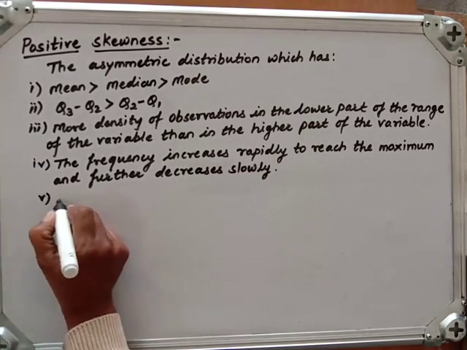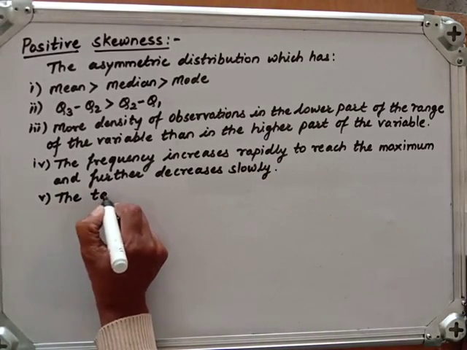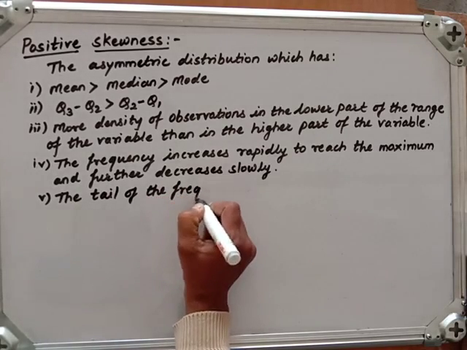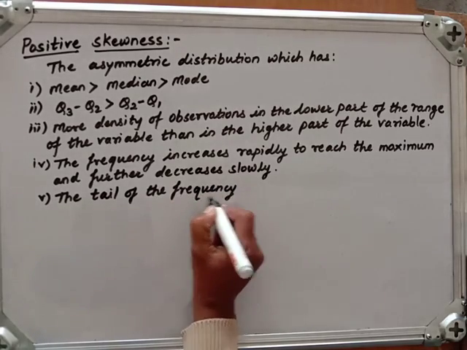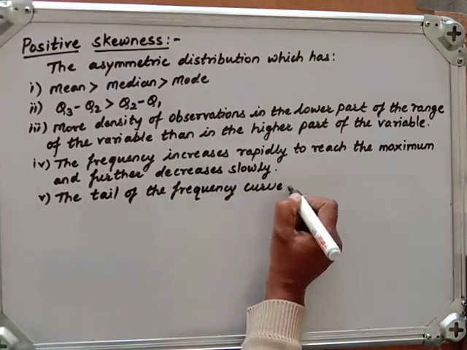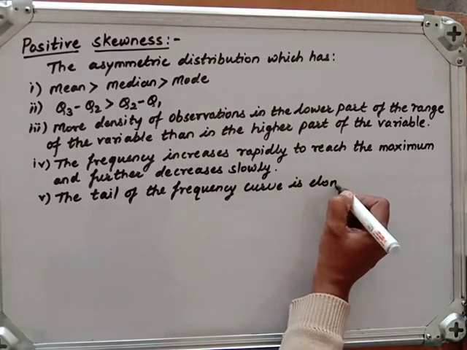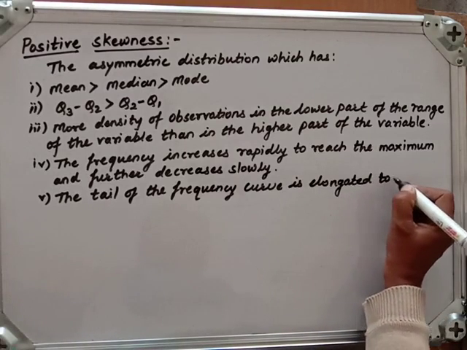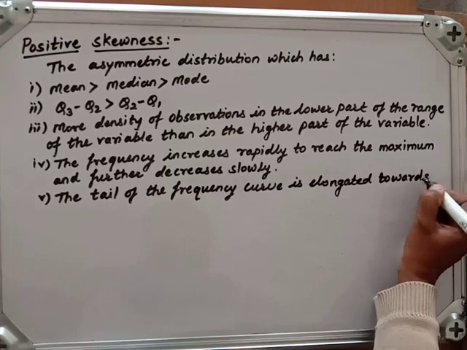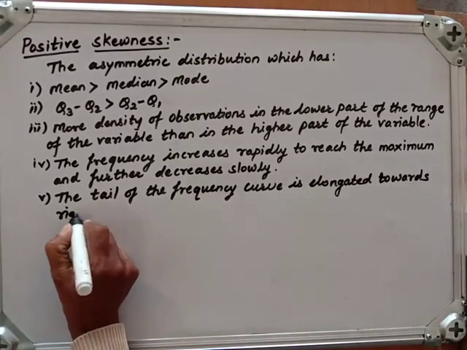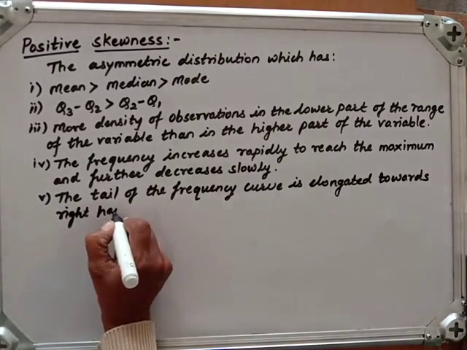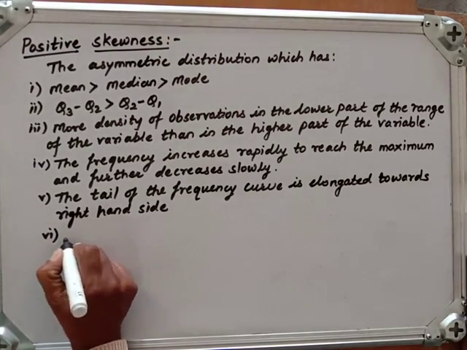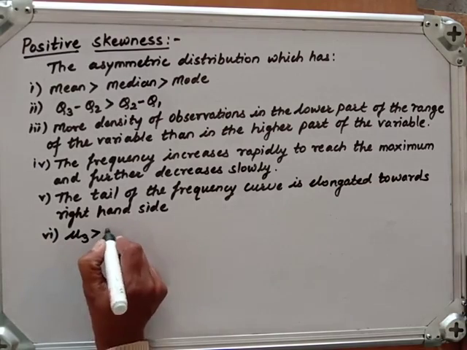Okay. Then next, the tail of the frequency curve is elongated towards the right hand side, and the last one we can say mu3 is greater than 0.